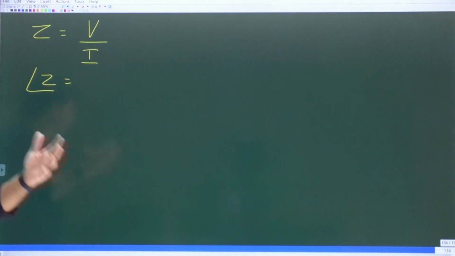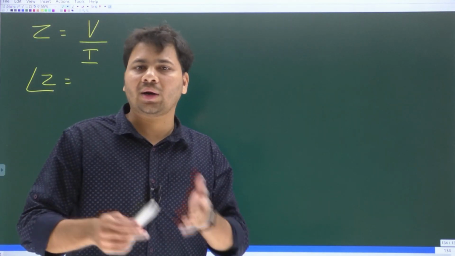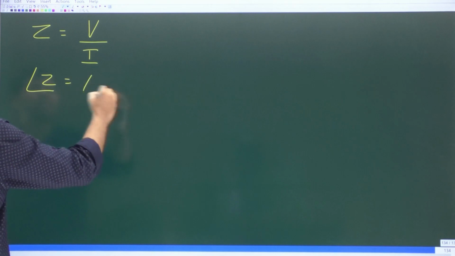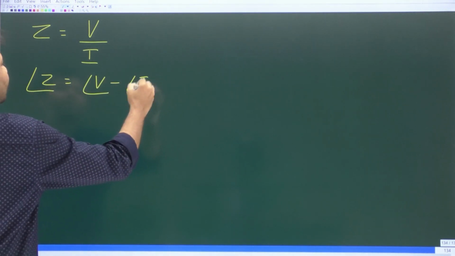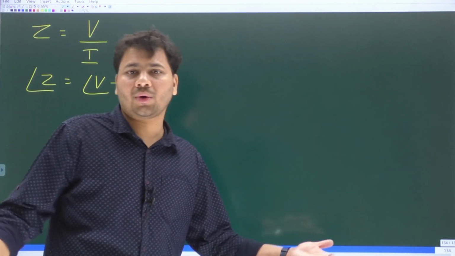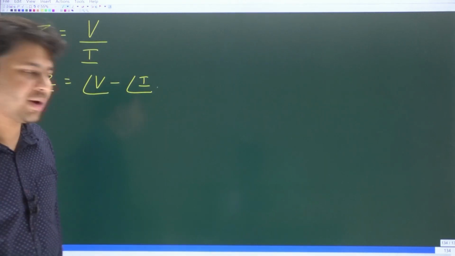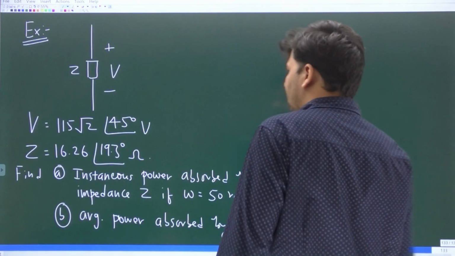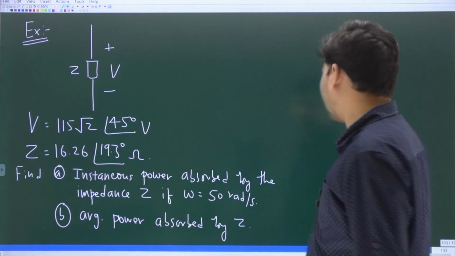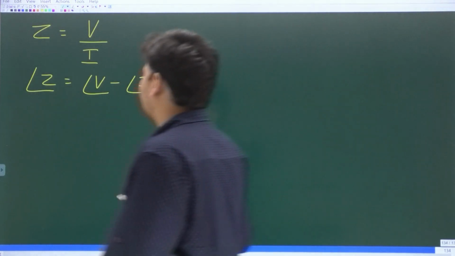Every complex number has a magnitude and also an angle. So the angle of Z will be equal to the angle of V minus the angle of I. Now in our case, what is the impedance angle? The angle of Z is 19.3 degrees.